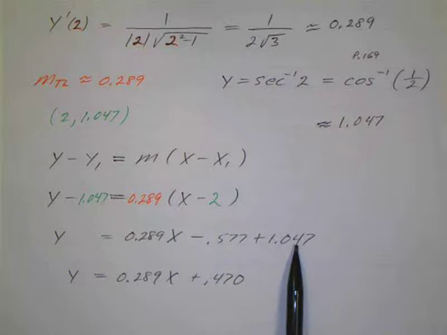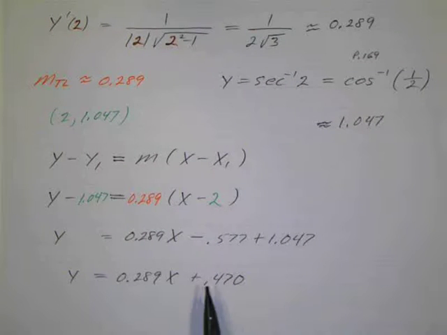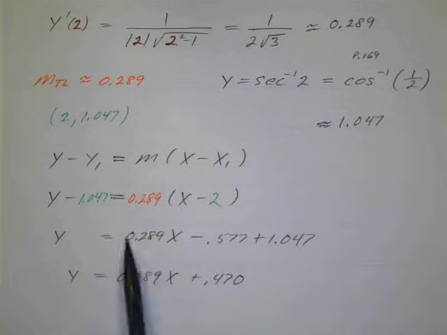This 1.047 minus 0.577 ends up being approximately 0.470. So that's the equation of your tangent line. So just some calculations using the inverse trig functions.